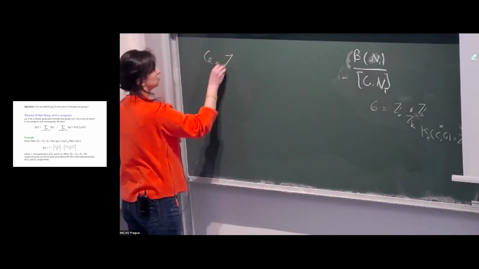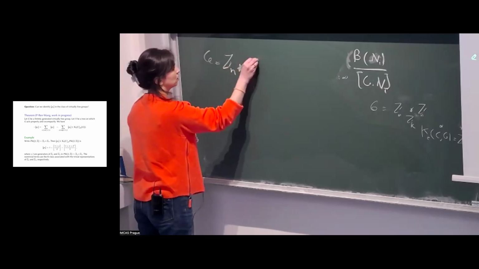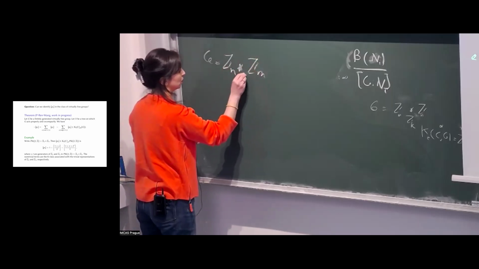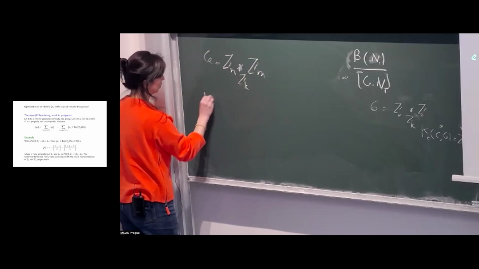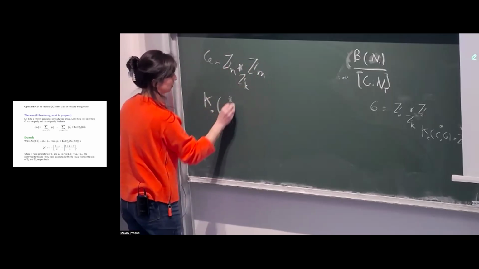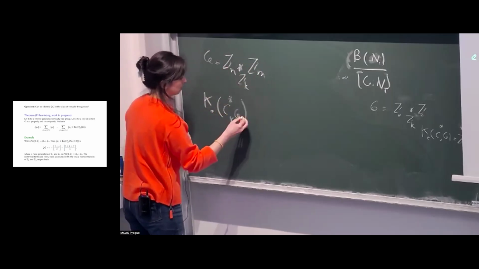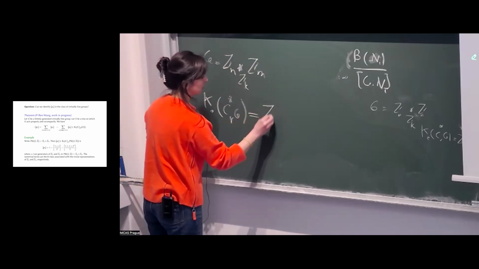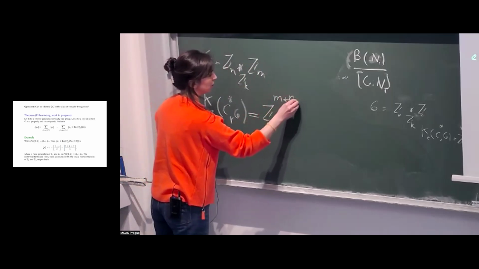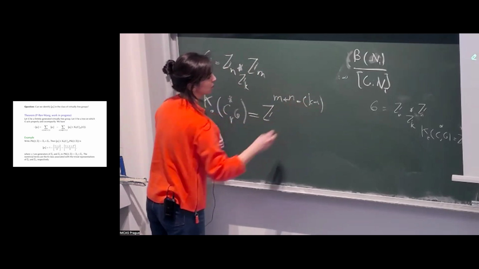So if G is Z mod M amalgamated with Z mod N over Z mod K, K0 is just Z to M plus N minus K minus 1.